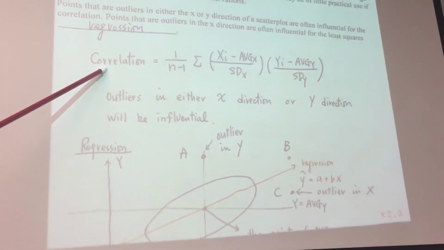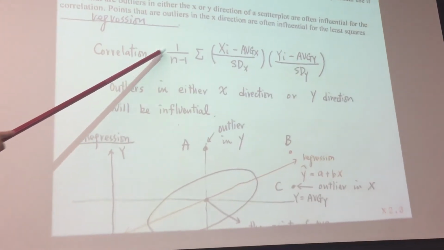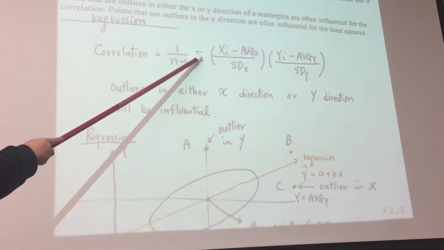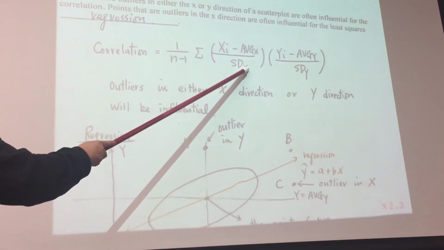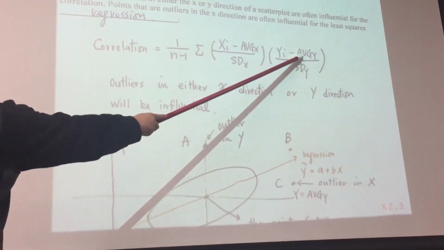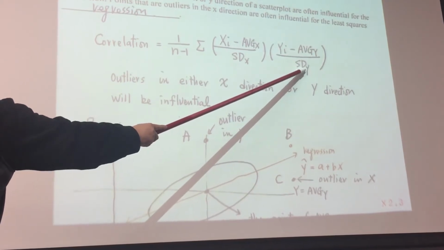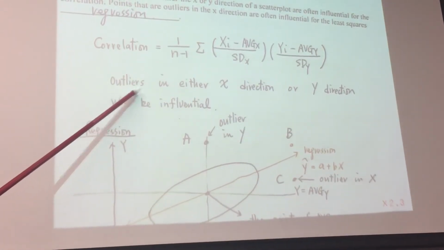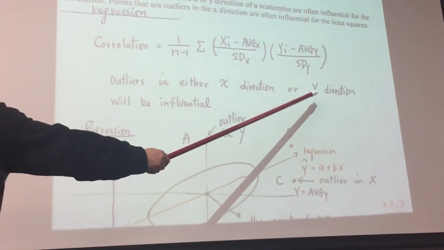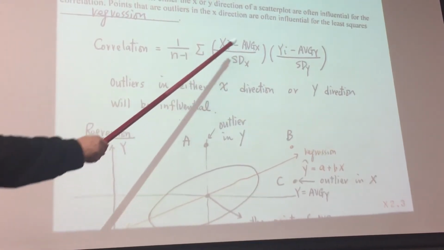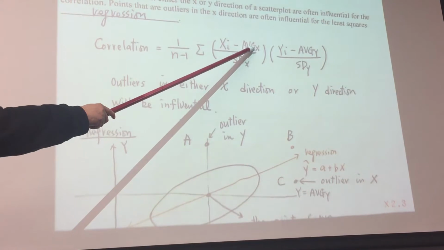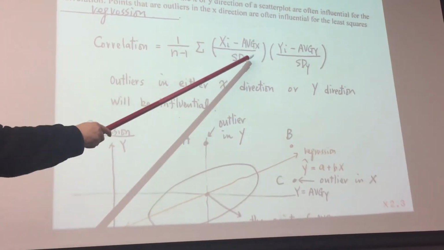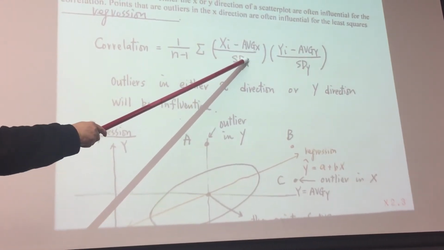Look at the correlation formula. Correlation is 1 over n minus 1, times the summation of (xi minus average x) divided by standard deviation x, times (yi minus average y) divided by standard deviation y. Now, say there is an outlier in the x direction. It will affect the average x a lot and the standard deviation a lot.